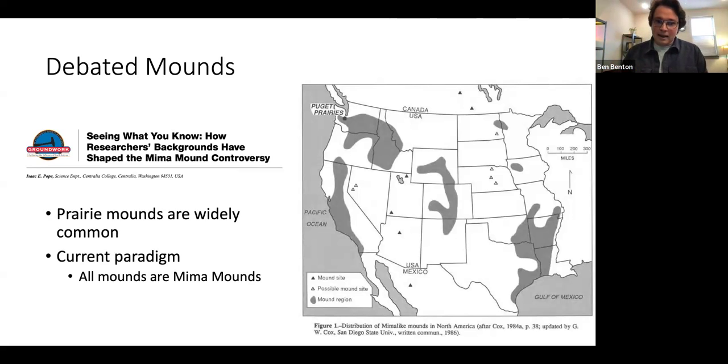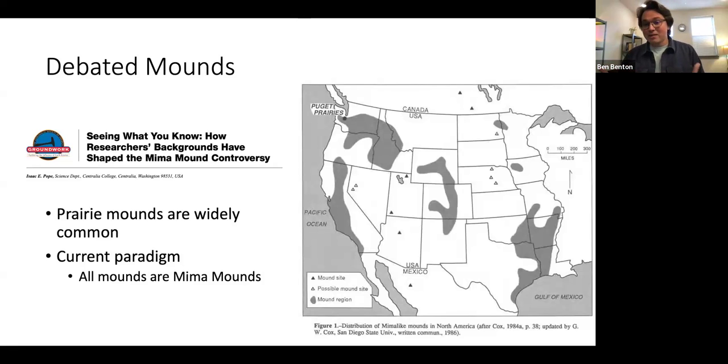And I think that is because there are a ton of different mounds or mound-like features in grasslands across the country. This is a publication talking about these mounds, but particularly Mima mounds, like you mentioned. And you can see that across the country mounds in prairies are super commonplace.